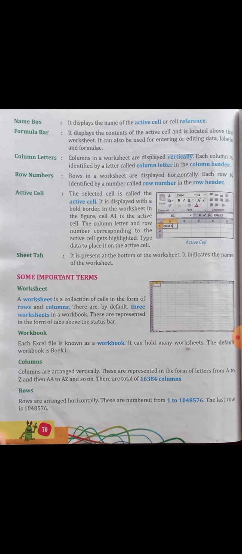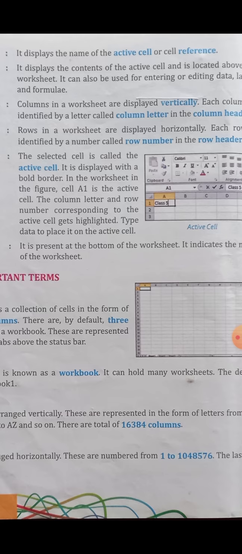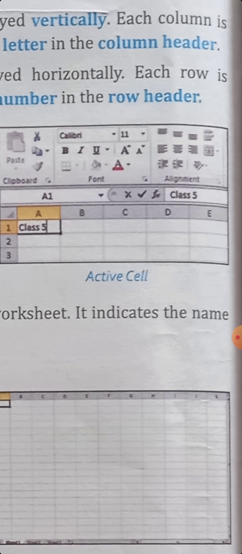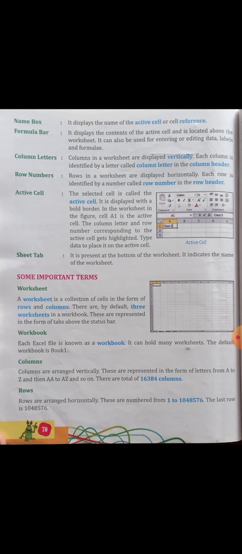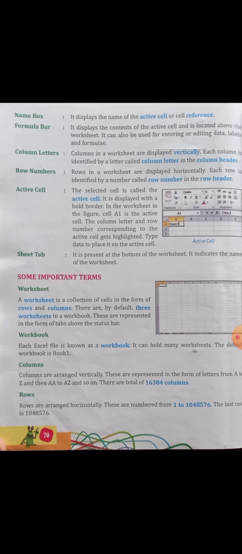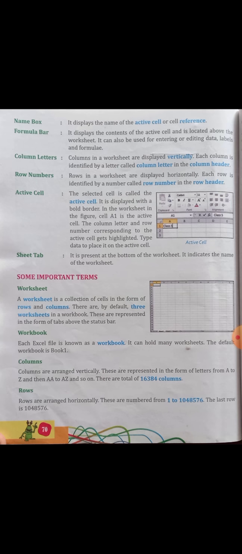In the figure also you can see the active cell over here. See, children, this is called the active cell. The class 5 is written over there, isn't it? So that cell is called the active cell. What else they are saying is that the column letter and the row number corresponding to the active cell get highlighted.